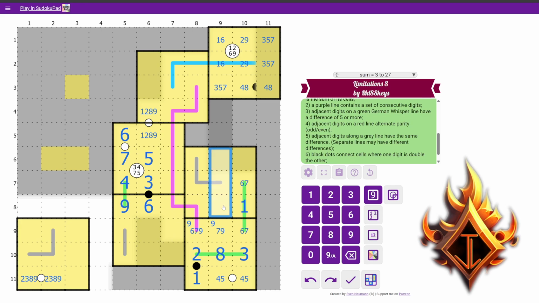There will also be a 2 in the middle. The 9 is almost being pushed onto this gray line, but if a 9 went here though, that'd be the only way that it is not on there.